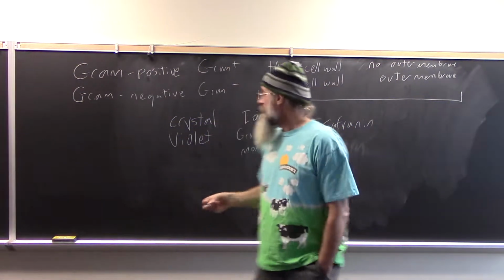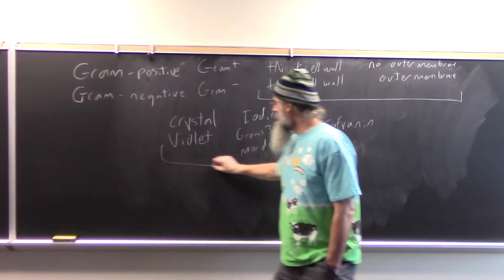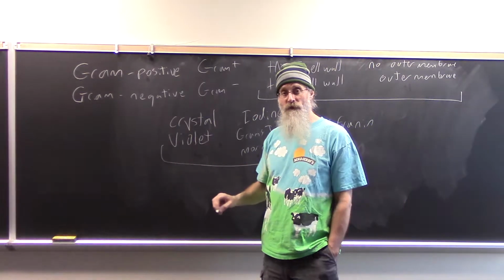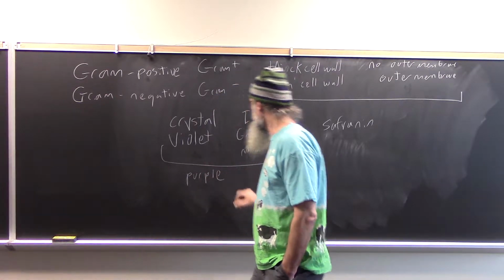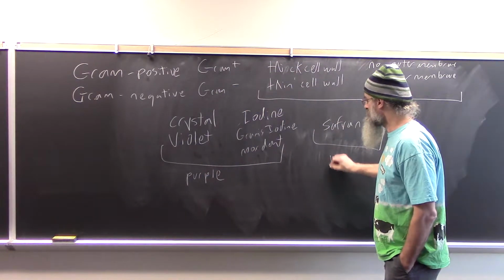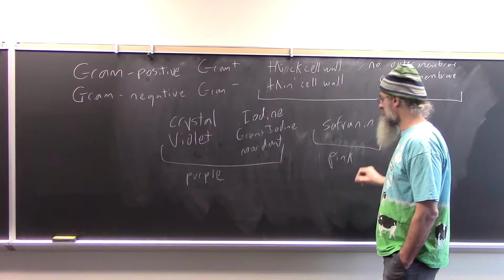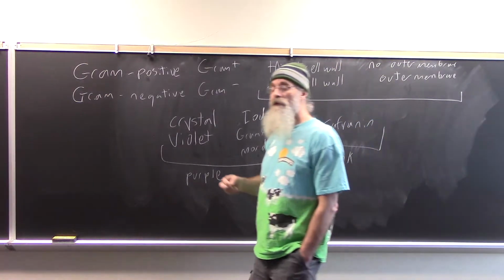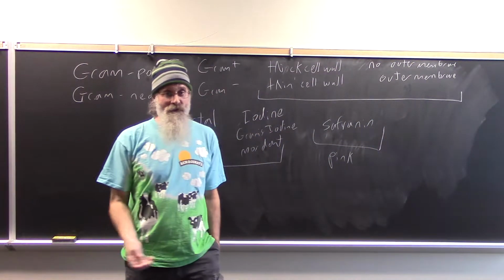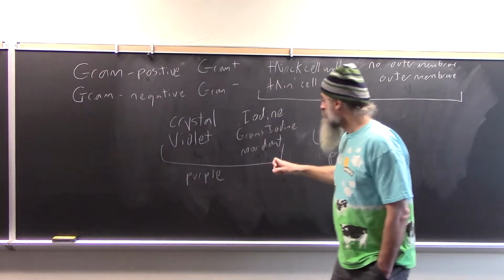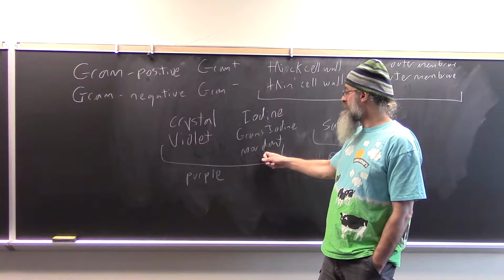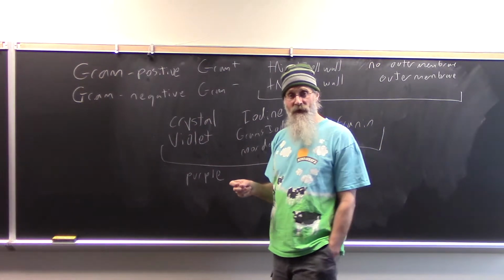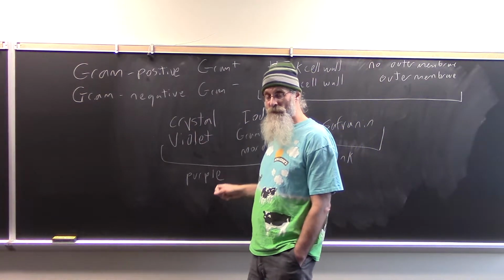So this combination of crystal violet and then mordant will bestow a purple color to the cells, and the safranin will bestow a pink color to the cells. So after you've decolorized, if you haven't removed the cell envelope and thereby this combination of crystal violet and iodine, the cells will be purple.